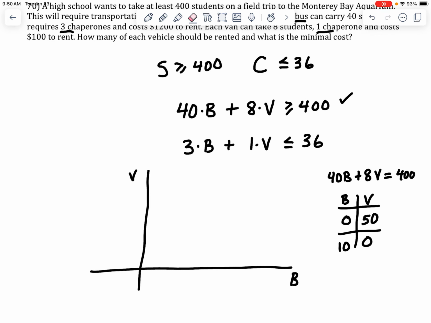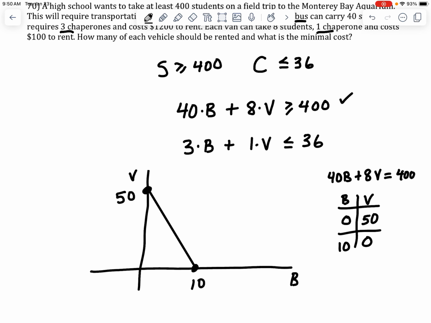So that basically gives me some points on the graph. So if I have b equals 0 and v equals 50, that would be this point right here. And then 10 comma 0 would be this point right here. And so we would then get this line like this.